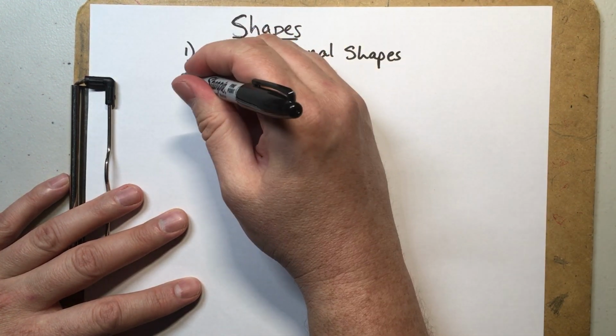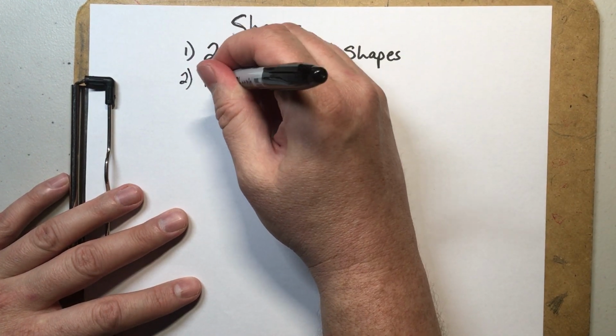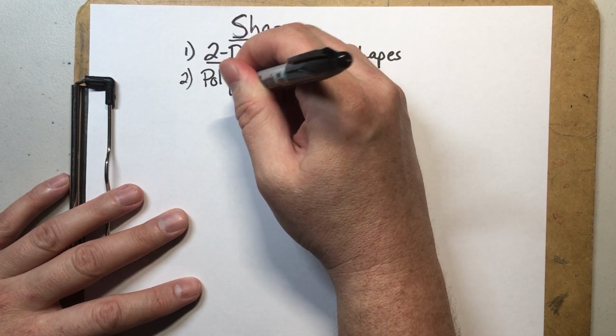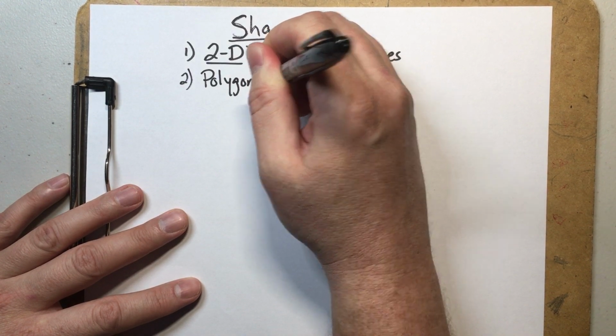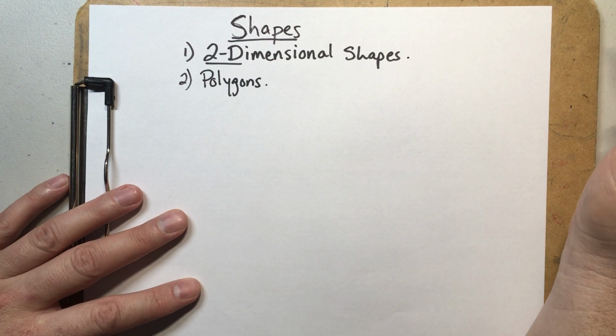We're going to specifically be looking at polygons. All right, so let's go ahead and take a look first at what is a two-dimensional shape.